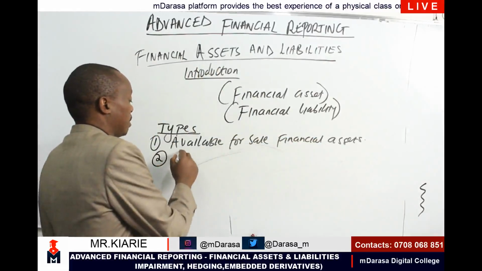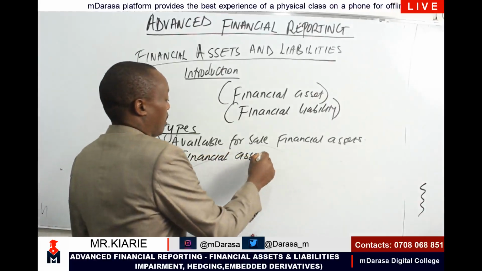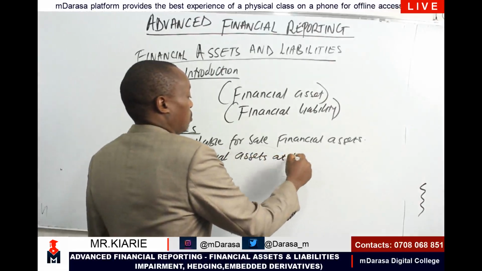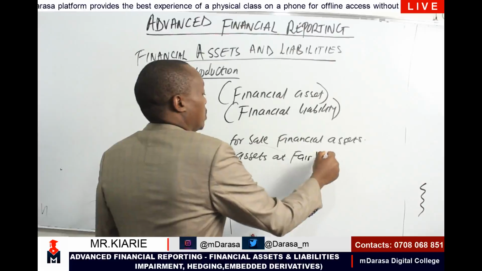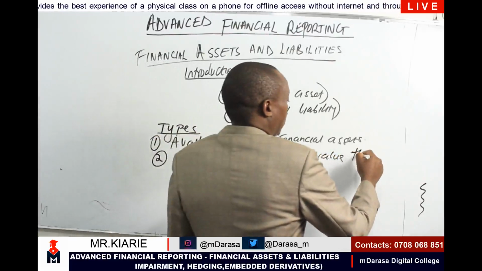The other one, number two, is financial assets at fair value through profit and loss.